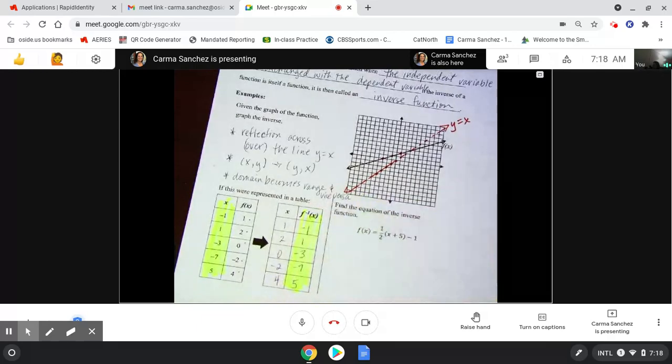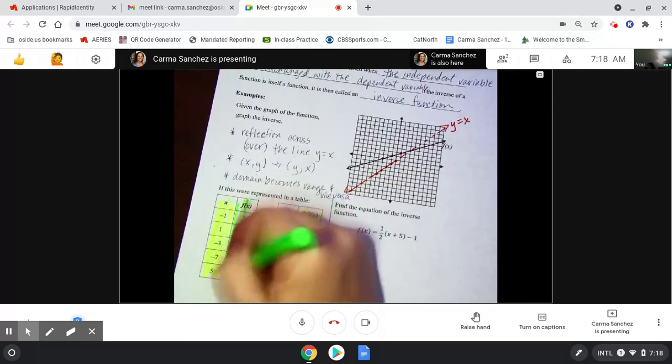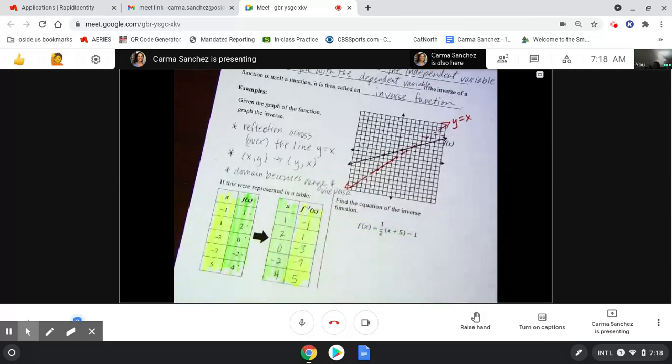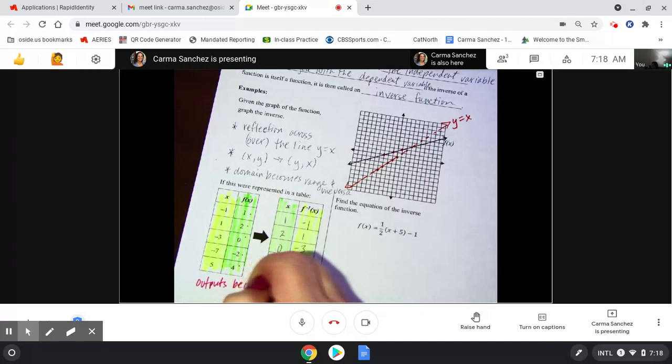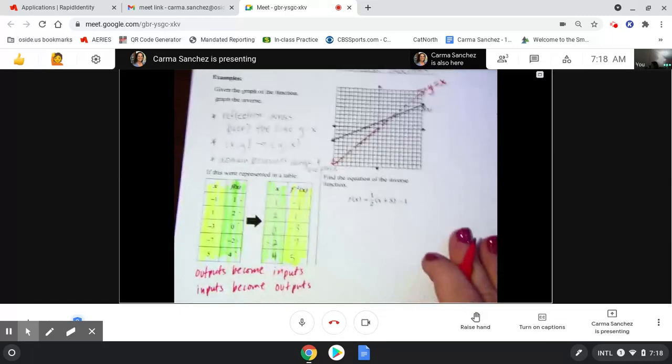The inputs become the outputs, and the outputs become the inputs. The domain becomes the range, and the range becomes the domain. Outputs become inputs, and inputs become outputs. They totally switch.